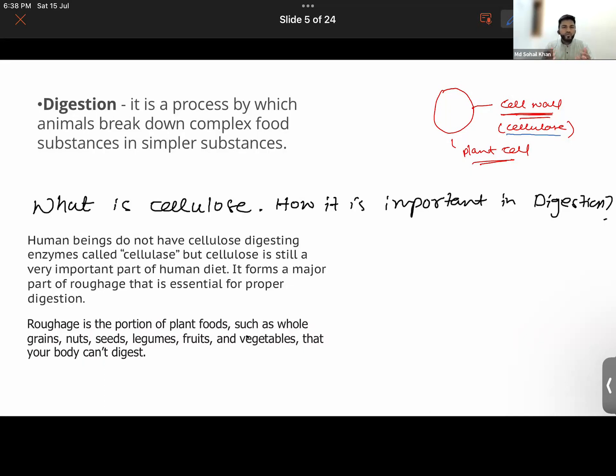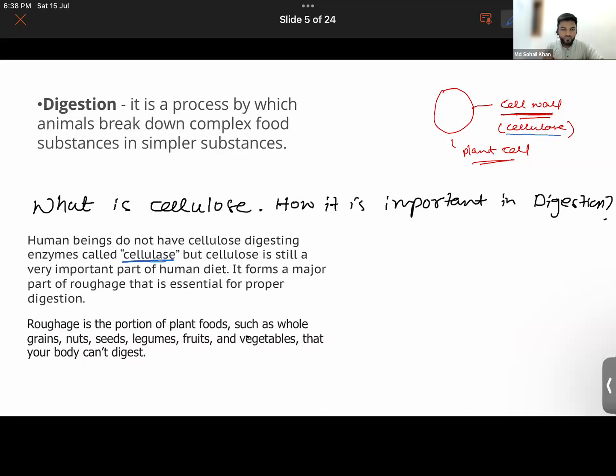But we humans lack the enzyme required to digest that cellulose. We require an enzyme called cellulase, not cellulose, to be able to digest the cellulose. But we humans do not have that enzyme.